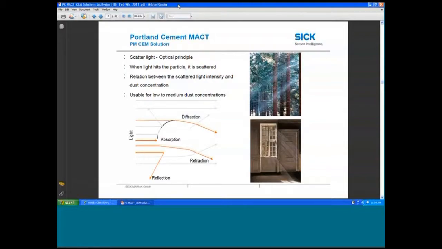The advantage to using scattered light over a more traditional technique like transmission or opacity is that it's much more sensitive to low concentrations. We're basically automating the process of sitting in a movie theater and seeing dust particles floating in front of the projector. If you can quantify the amount of light off those individual particles, you can correlate that to a dust concentration. Next slide.